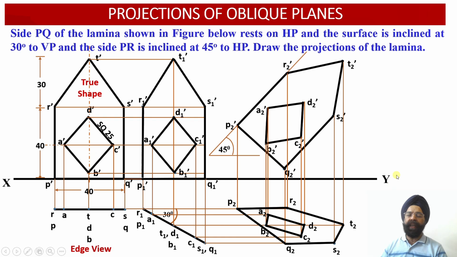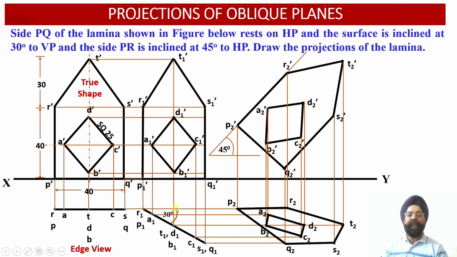So we have obtained the top view projections of this oblique lamina, which is inclined to the vertical plane at an angle of 30 degree and inclined with respect to the horizontal plane at an angle of 45 degree. So this way, through this discussion, we have been able to evaluate the orthographic projections of the oblique lamina, which is having a square hole in this orientation, that is in the vertical orientation located over here.